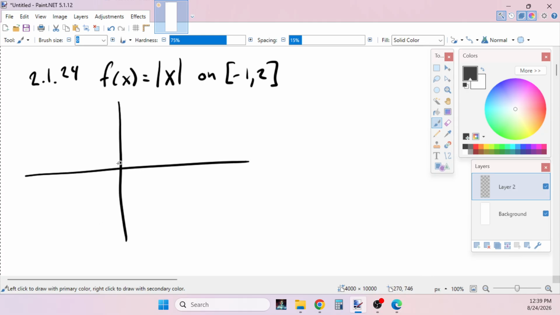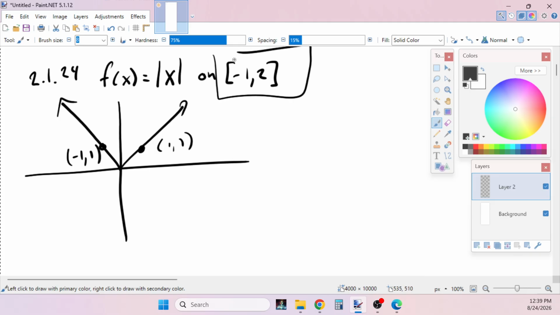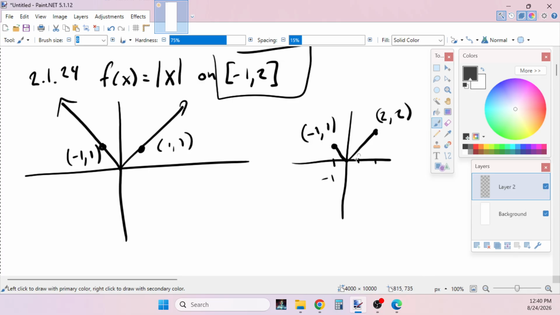So the absolute value graph looks like this, where this point is the point 1, 1. This point here is the point -1, 1. But we only want to graph the part that has x values between -1 and 2. So that'll be this point here at x equals -1, comes down to the origin, and then goes up to this point here, which is the point 2, 2. These are straight line segments that connect at the origin.